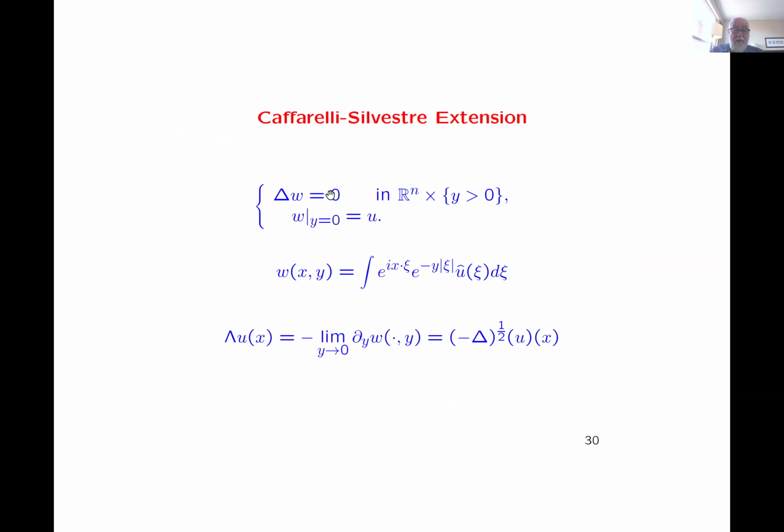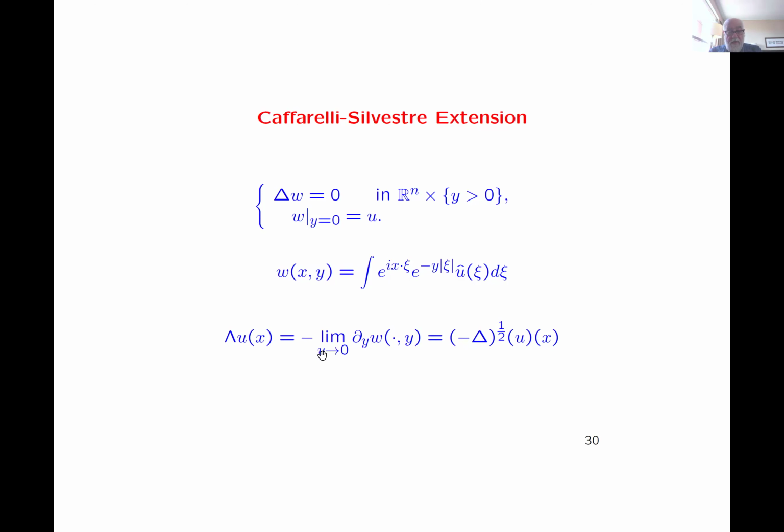The Caffarelli-Silvestre extension is a generalization of this simple fact that for a sufficiently regular function w, you have the Dirichlet problem in the upper half space. You can write the solution explicitly, in the coordinates x and y here. And then the Dirichlet-to-Neumann map is simply the fractional Laplacian, modulo a constant.